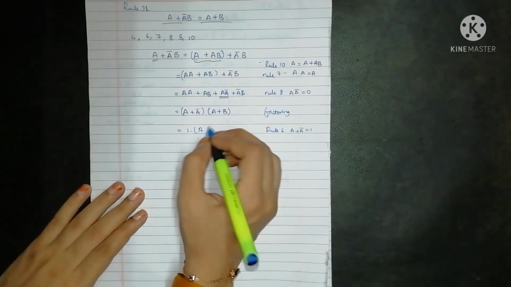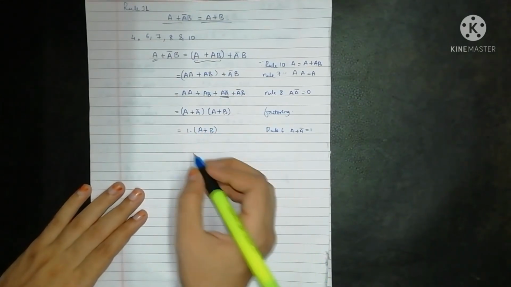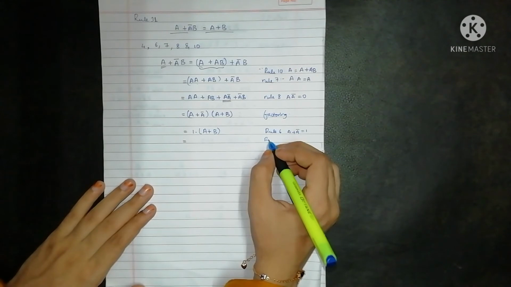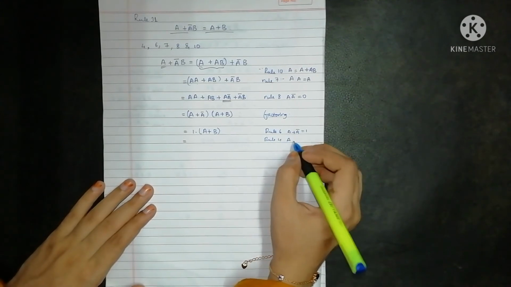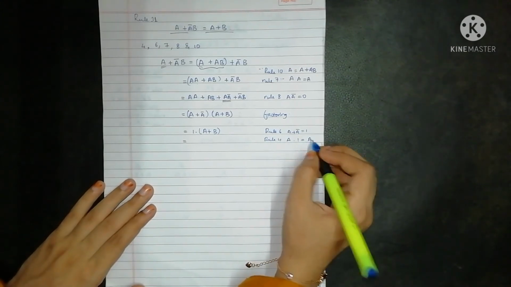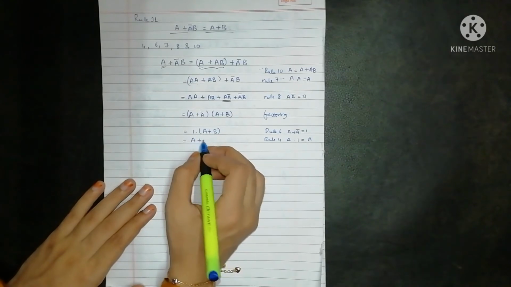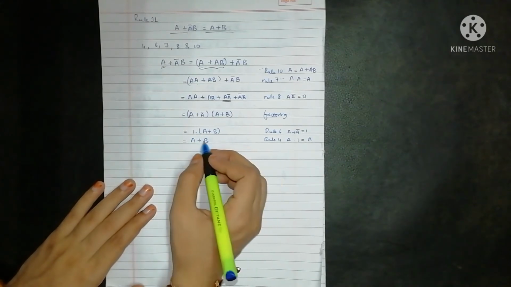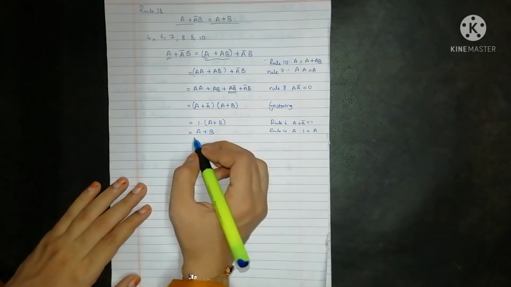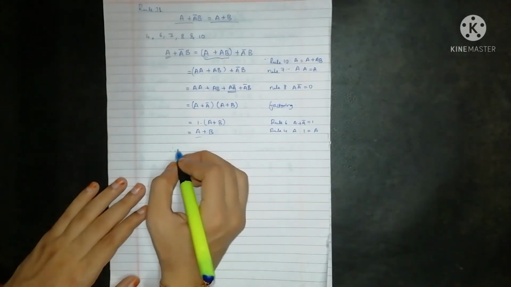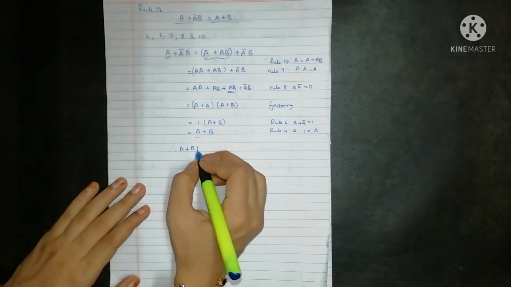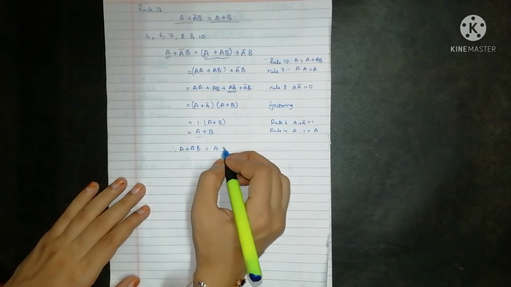And we will be left with this bracket, that is A plus B. Then we have rule number 4, which says A into 1 is equal to A. 1 into A plus B is equal to A plus B. In this way we have proved that A plus A bar B is equal to A plus B.